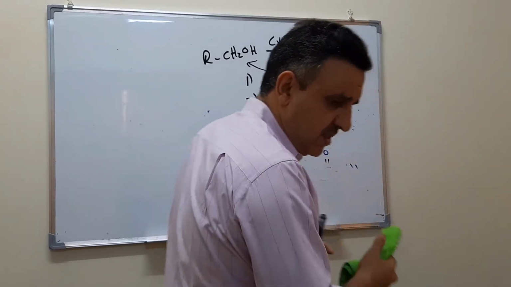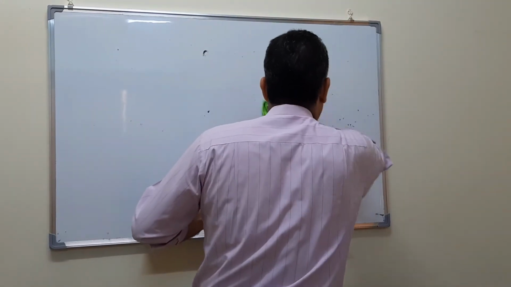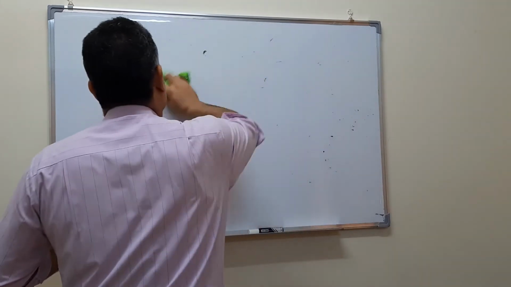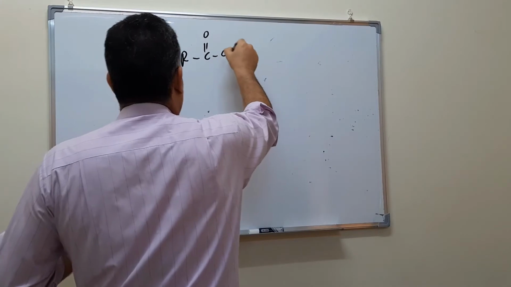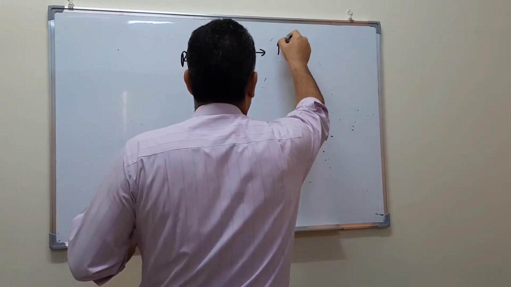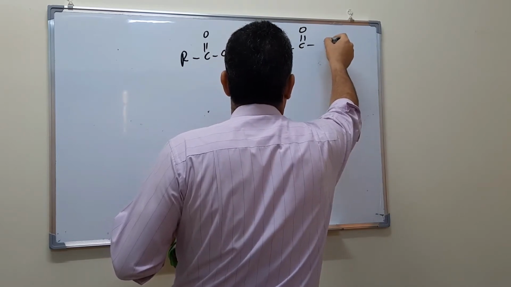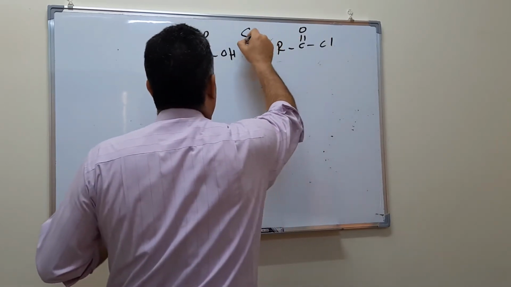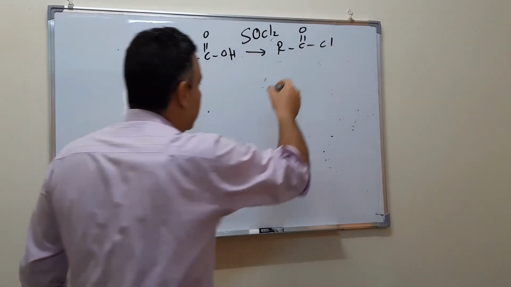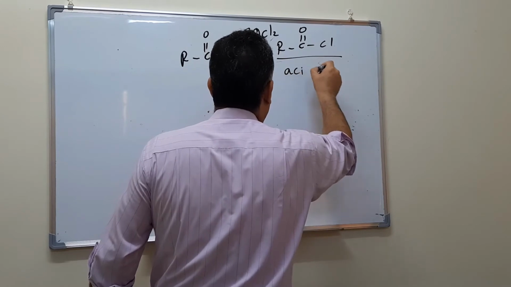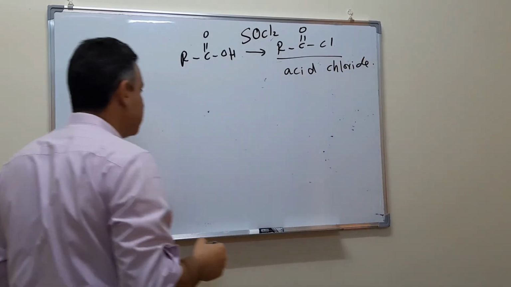For example, as you can see in this slide, we can convert carboxylic acid to the corresponding acid halide, or specifically acid chloride, by reacting with thionyl chloride. By reacting with thionyl chloride, we can convert it into what we call an acid chloride, which is the first carboxylic acid derivative.